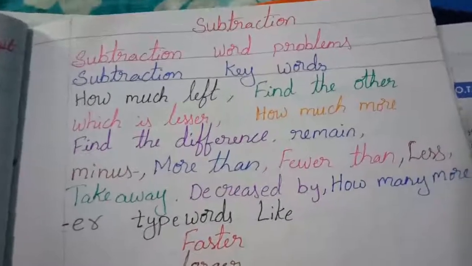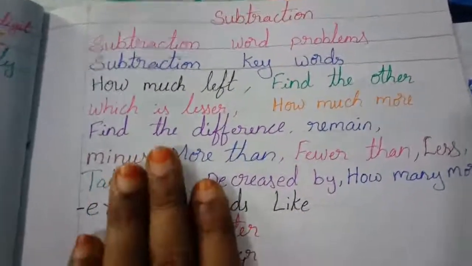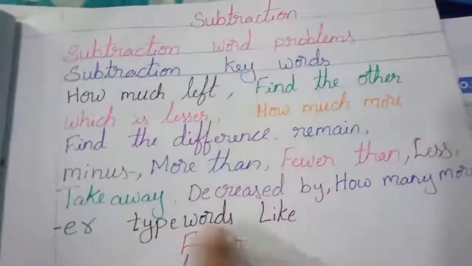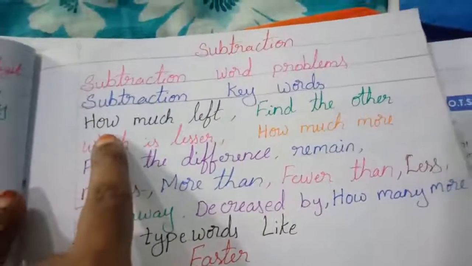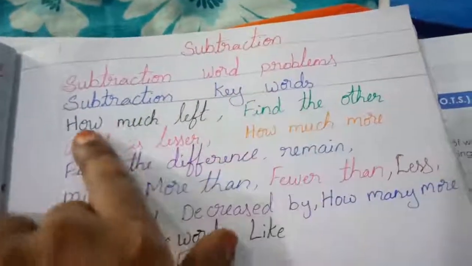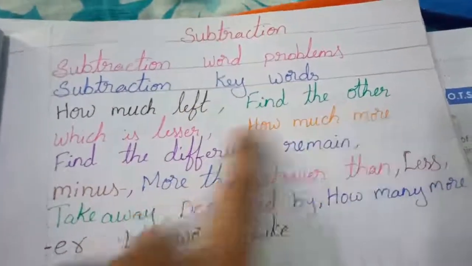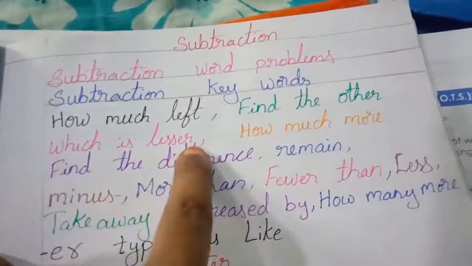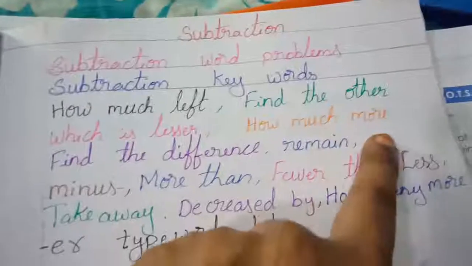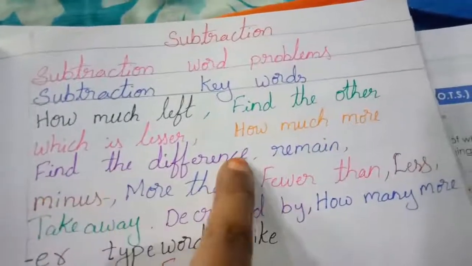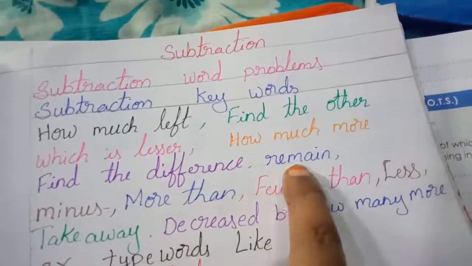When we are doing subtraction problems, we should know the keywords. Children, see, subtraction keywords. How much left? Find the other. Which is lesser? How much more? Find the difference. Remain.